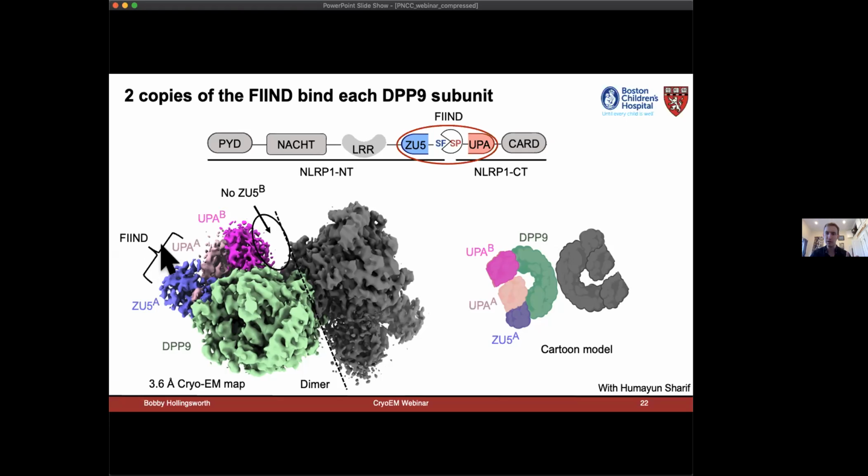The first function-to-find domain, which we call FIIND A, had a ZU5 domain present on the N-terminal end of the function-to-find domain, and the UPA present C-terminal to the cleavage site. However, for the second function-to-find domain, we only saw UPA on the C-terminus. So we wondered what happened to the second ZU5 domain.